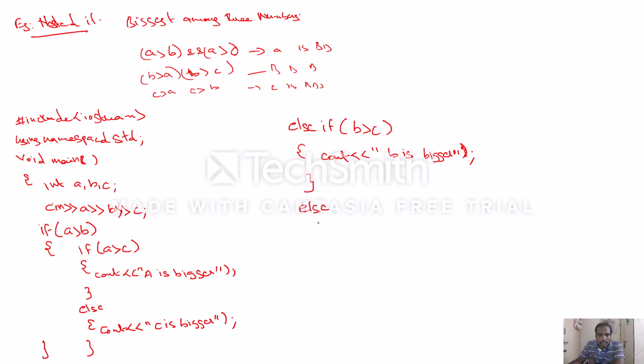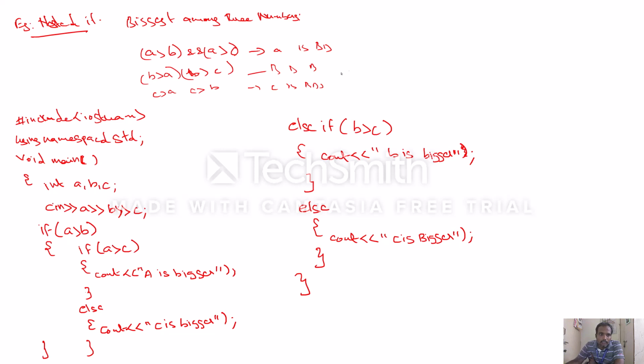Else cout C is bigger. So that's it. Everything is finished. So this is the concept for finding the biggest among three numbers using the nested if concept.